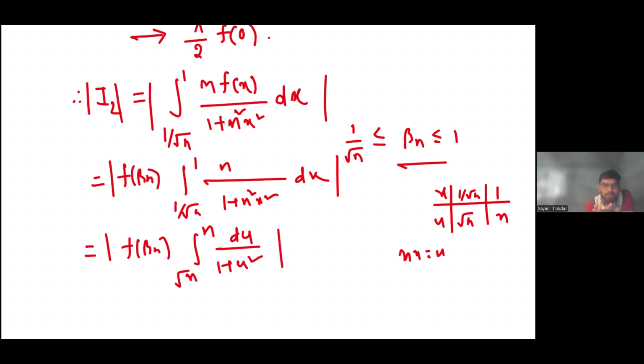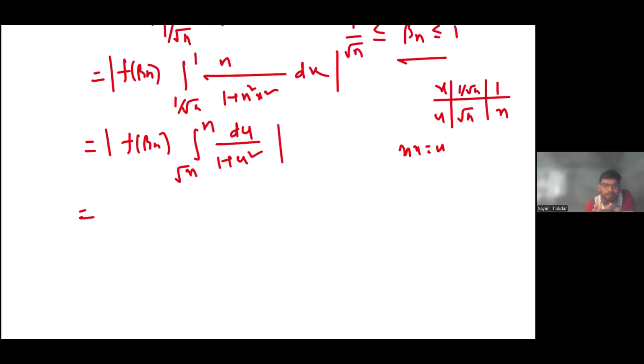After solving it, it will become f of beta n times tan inverse n minus tan inverse square root of n.